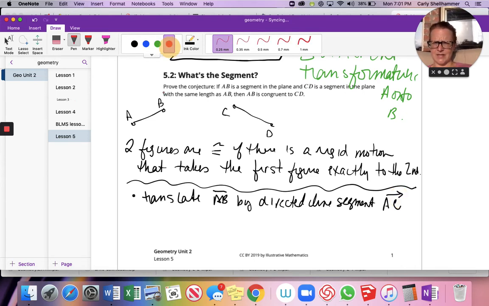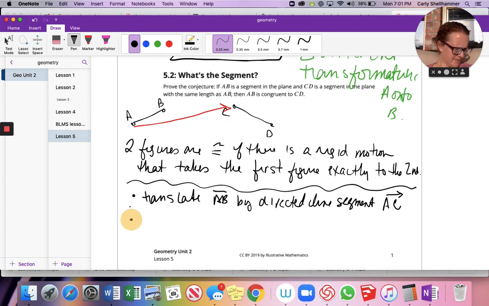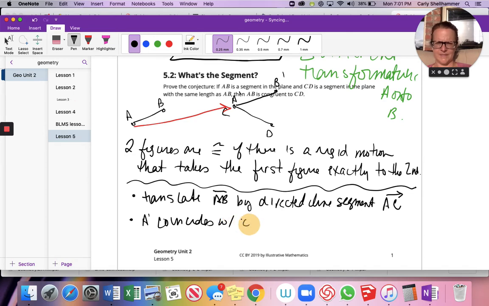So what I'm really doing here is taking A to C. Then I'm going to rotate it. So that becomes A prime, B prime. Cool? All right. Now, A prime coincides with C. Can you see that prime there?